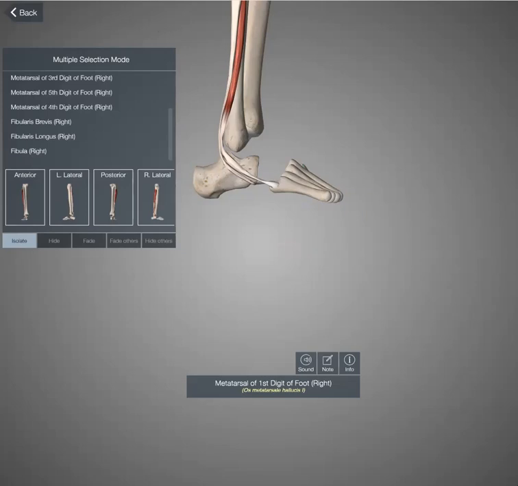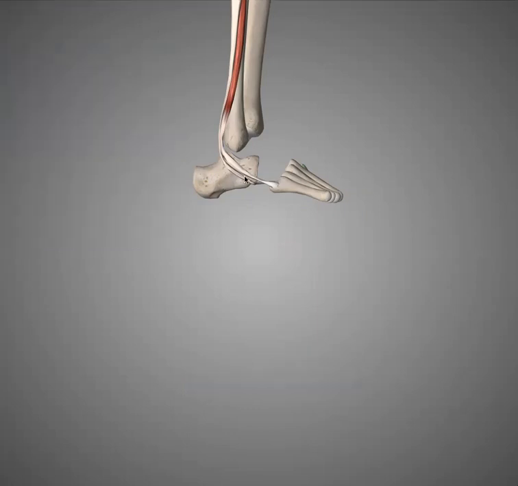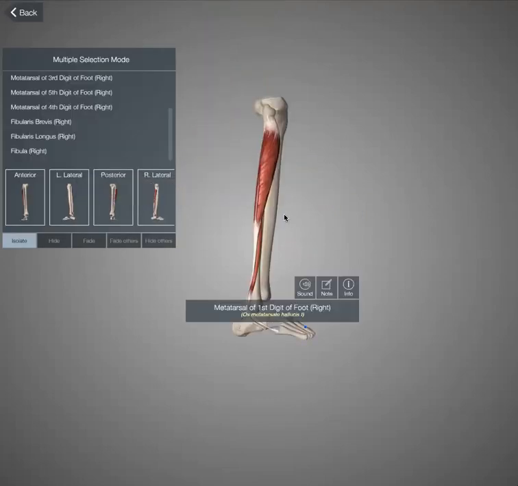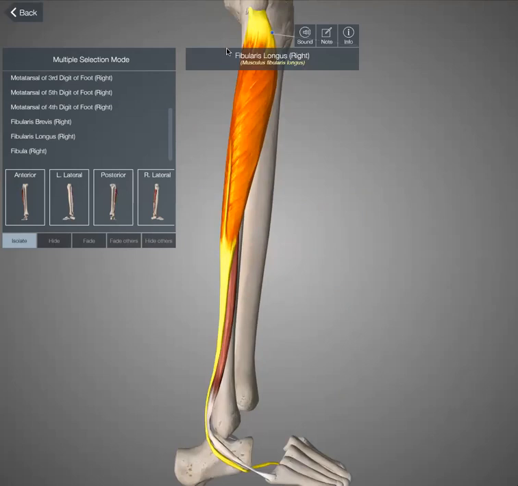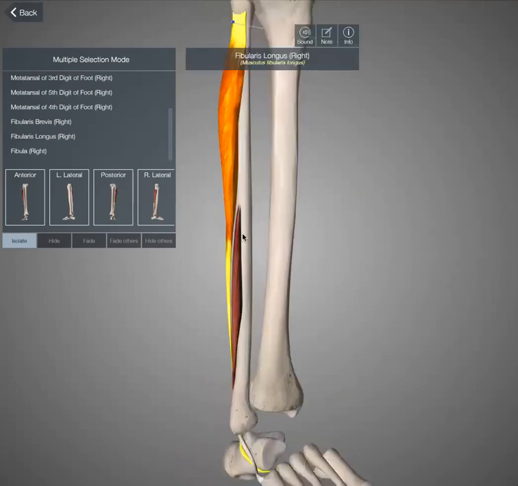The next one is fibularis brevis. It's deeper and shorter than the fibularis longus. It's under it. It originates from the inferolateral surface of the fibular shaft.